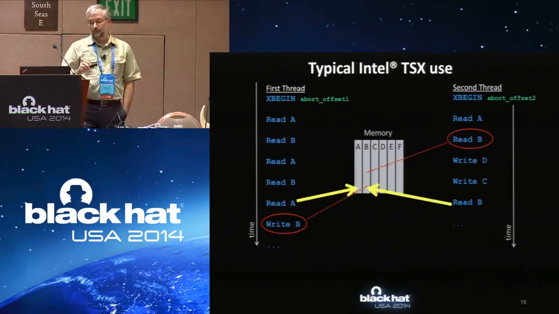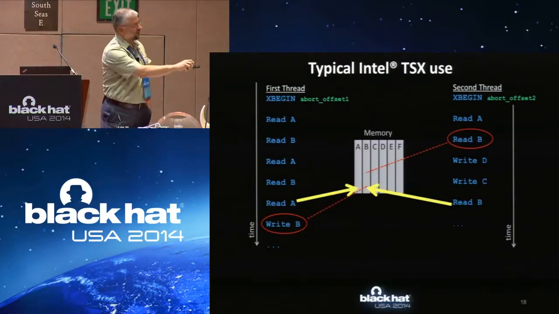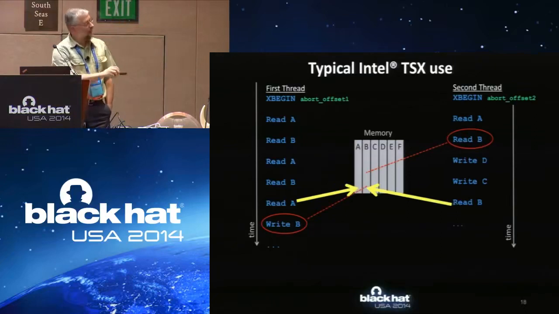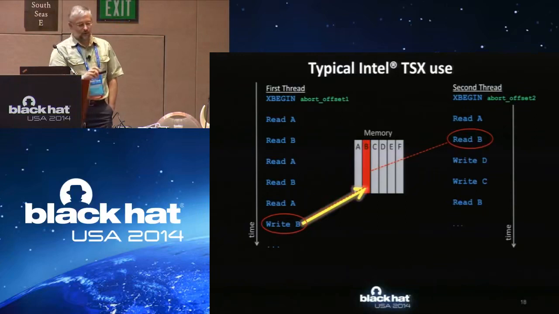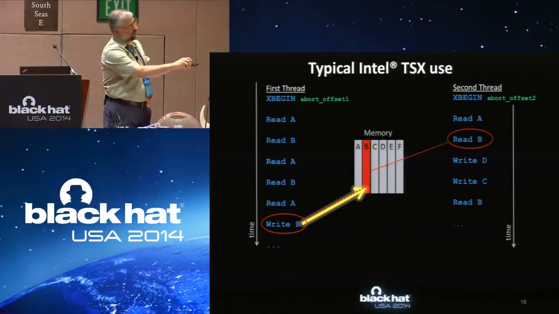At this point, the second thread reads from the same location which is about to be modified by the first thread. And on the next step, the write occurs. And that creates a conflict because this memory location was previously read by a different thread.